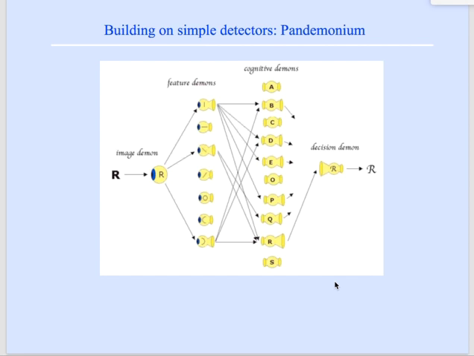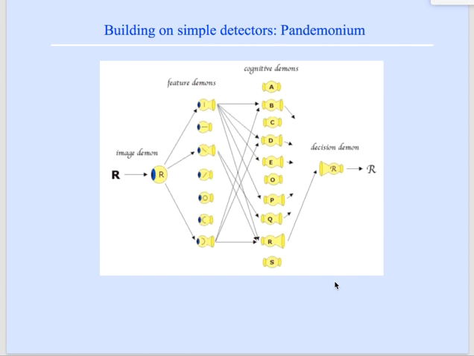So you have the feature daemon A that's basically sitting there and going, well, I get information about a vertical line, and I get some information about some semicircles. And then you have other cognitive daemons that are also getting information. But as you go down to the bottom, the cognitive daemon that's actually getting the most consistent information is the R daemon.